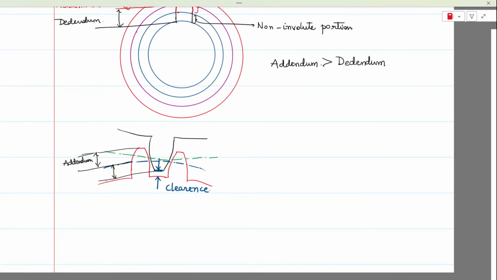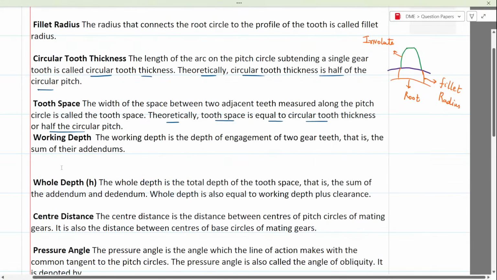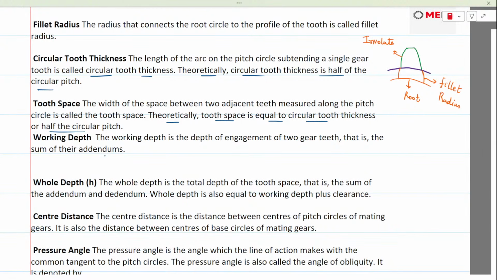You could say this is the pinion, and this is the bigger one, that is, the gear. So working depth is basically the summation of addendums. The working depth formula I could write as addendum of pinion plus addendum of gear.